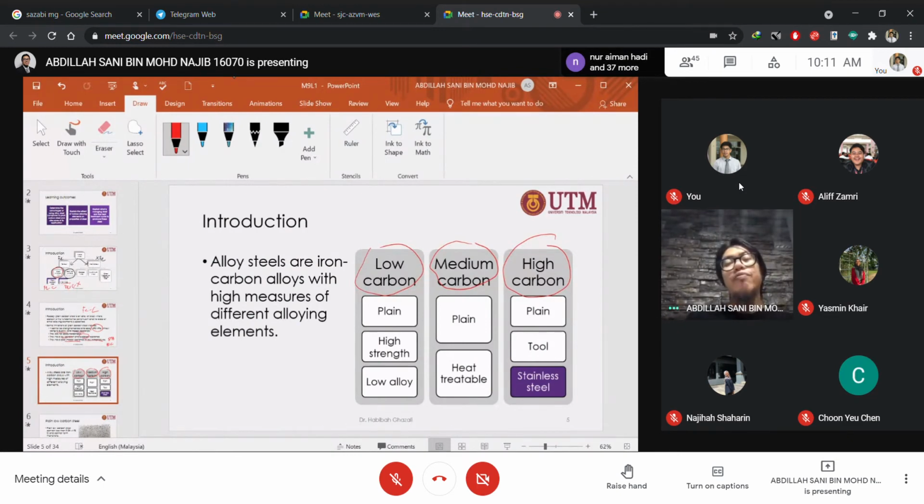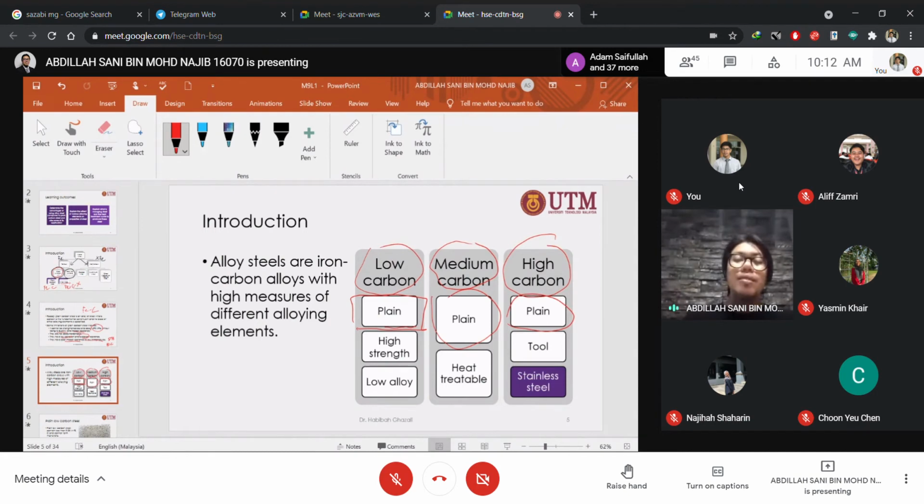What I am trying to introduce here is that steel can be classified into three categories based on the carbon content, and if the alloying element does not involve any other metal except carbon, we get plain low carbon steel, plain medium carbon steel, and plain high carbon steel.